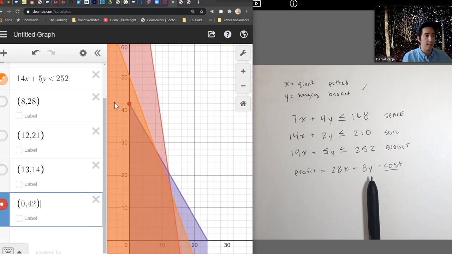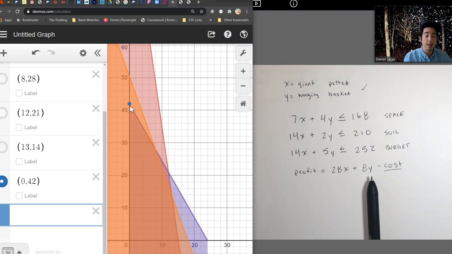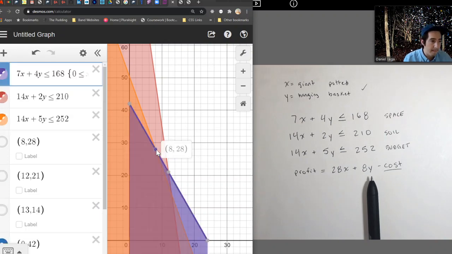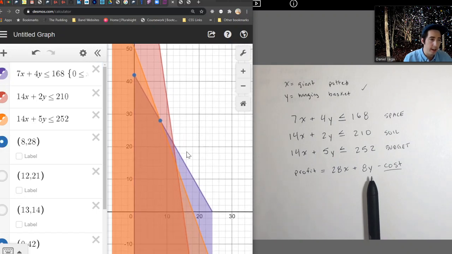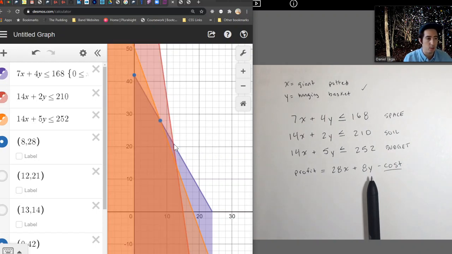I'll put 0.42 in blue, because with that one you could have 0 potted plants and 4 hanging basket plants. That one's okay. This other one right here is underneath orange, purple, and red: 8.28. This point here, 12.21, is red and purple but not orange, so that doesn't work. But this point here works, 13.14.